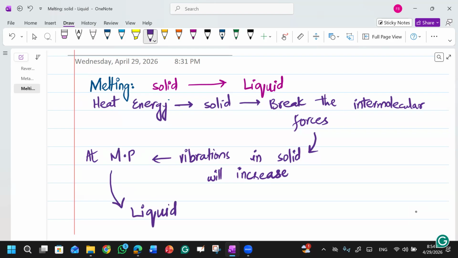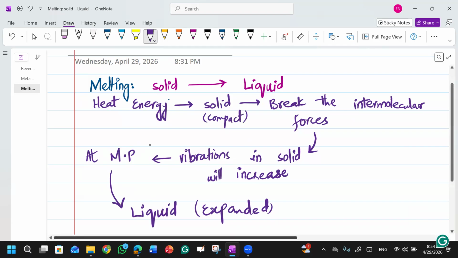And that liquid will be expanded. The solid was compact and the liquid will be expanded. Are you clear? I have written MP. MP is the melting point.